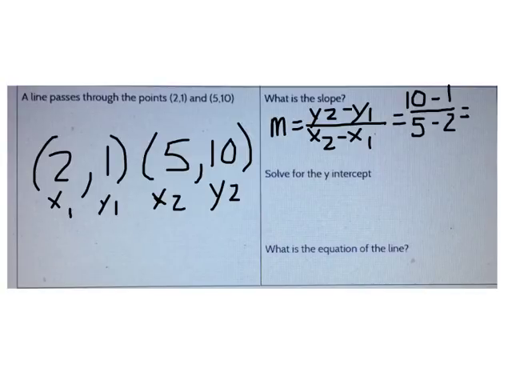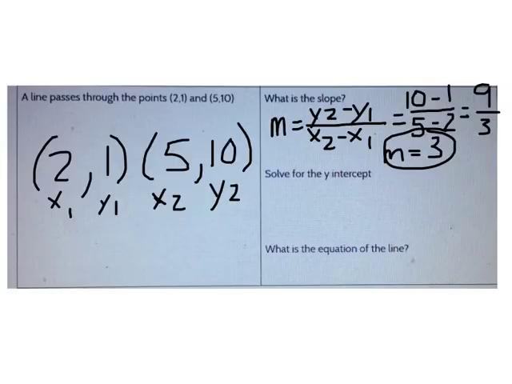What's 10 minus 1? It's 9. What's 5 minus 2? It's 3. I can divide 9 divided by 3 to find the slope. So what's 9 divided by 3? The slope of our line is 3.